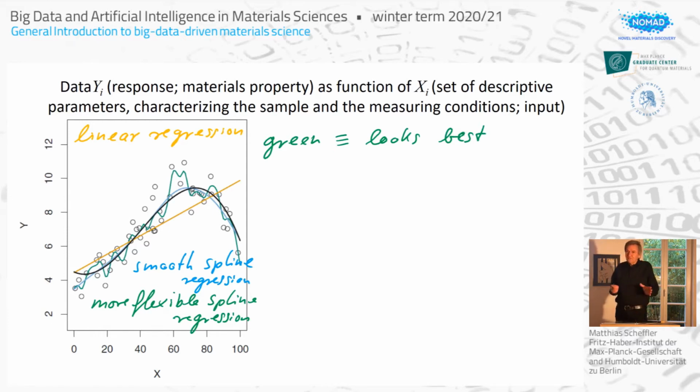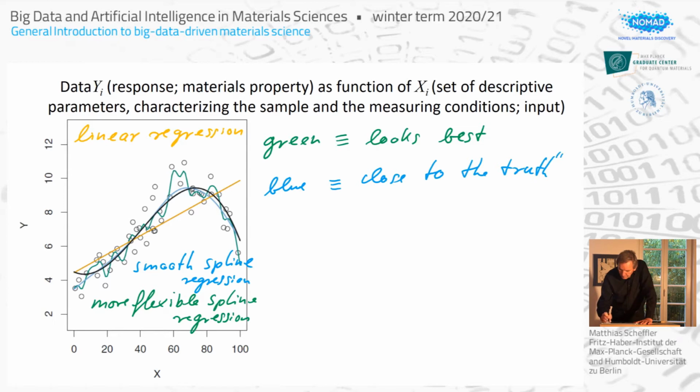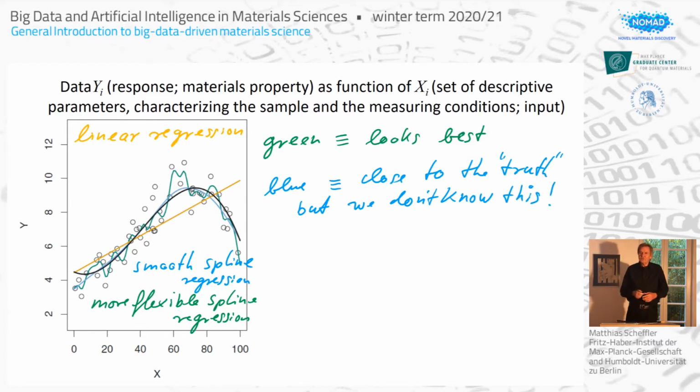On the other hand, if for the moment, which you never do, you would know the true answer, the blue is close to the truth. But we don't know that. Right? You only know this in this tutorial example. The black curve is never known.